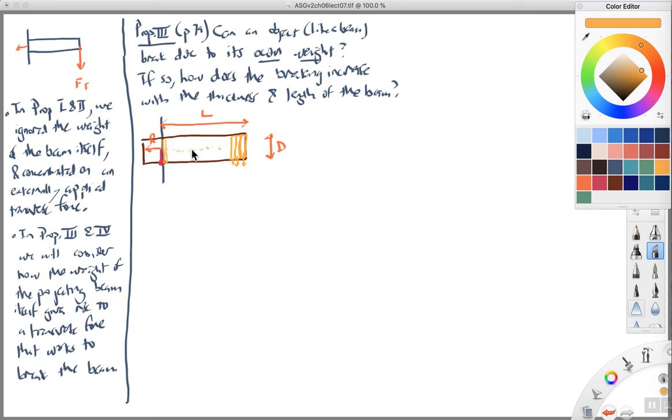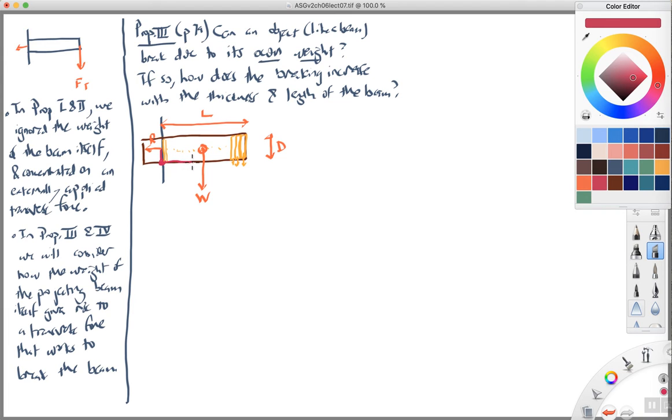But overall, we can simplify this situation by saying, let's just consider a point in the middle of the beam. We'll call this the center of gravity, and consider all of the weight as being concentrated here, and there's a single force acting down, which is the sum of all these forces. And this is the weight of the beam here. Okay, so you can see that that's a certain distance from the fulcrum.